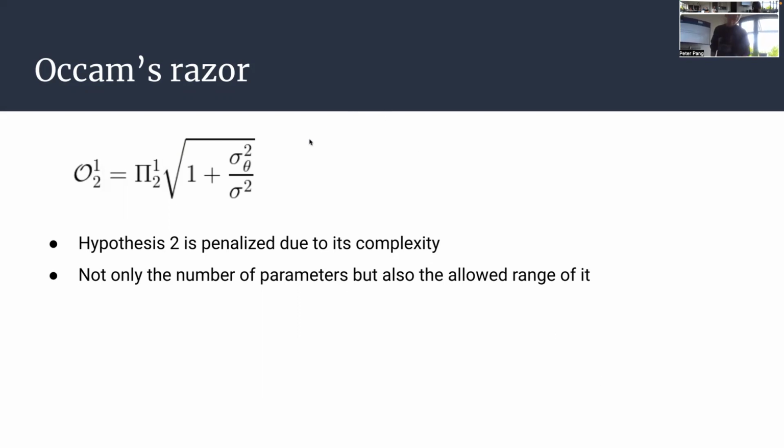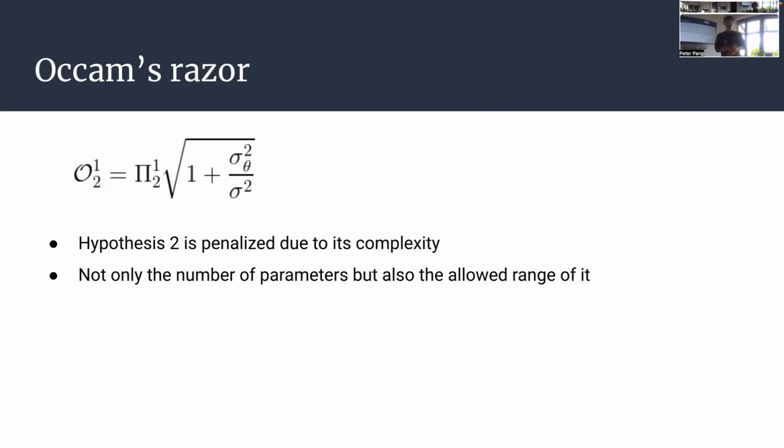But if you let sigma theta extend to a very, very large number, then you can see that in the Bayesian sense, hypothesis 1 is more favored. Not because it fits the data better or worse, but just because hypothesis 2 has more free parameters and more range for the parameters to grow. That's exactly what Occam's razor is talking about.